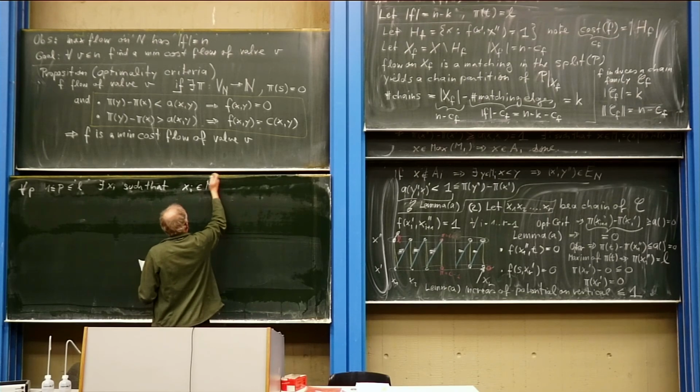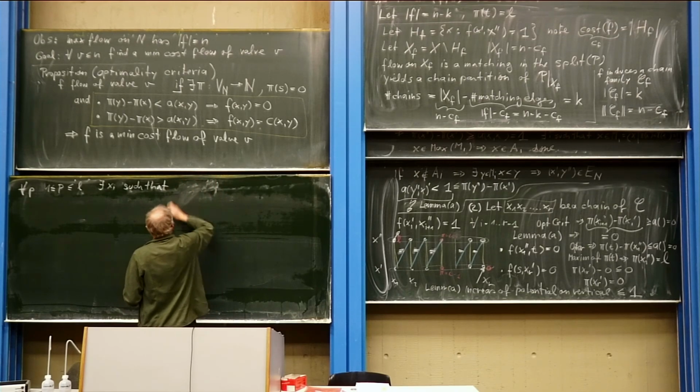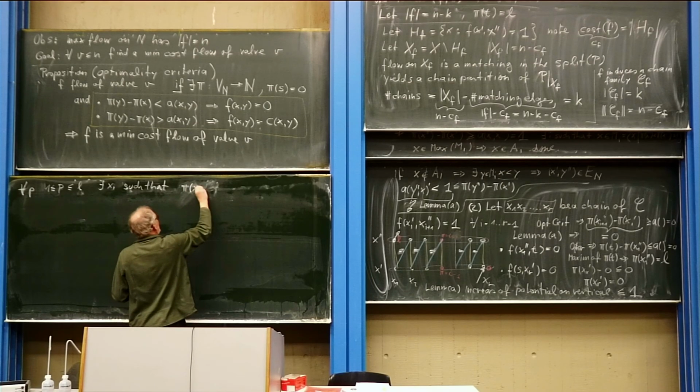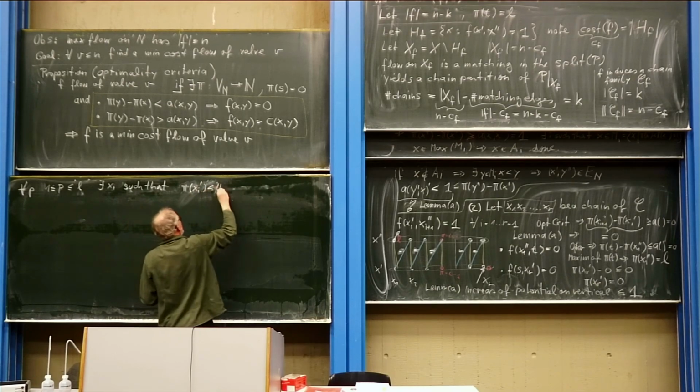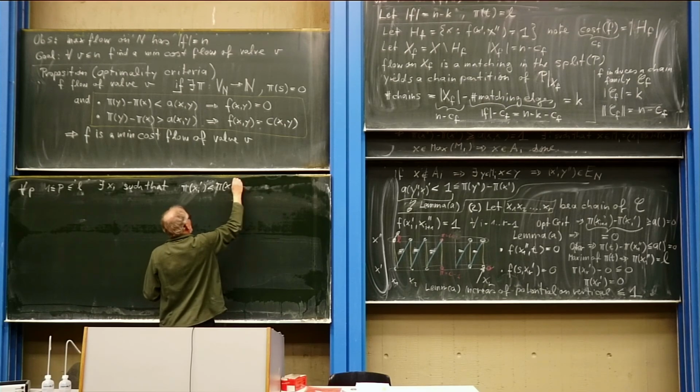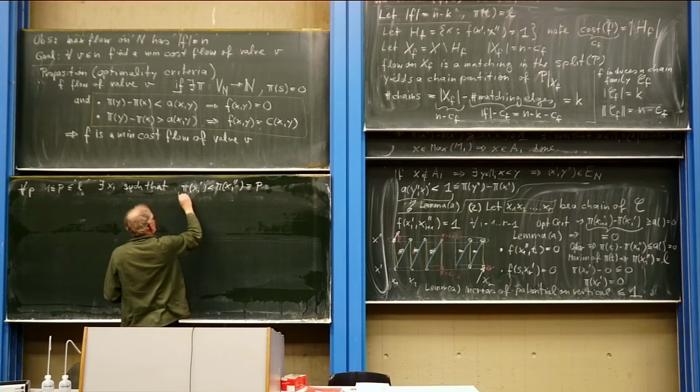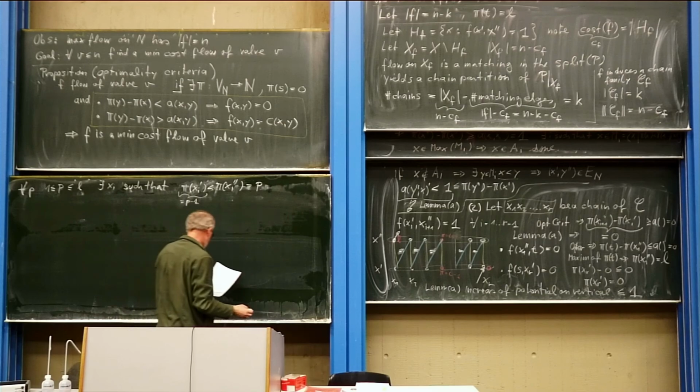Such that, let's do it explicitly, that pi of xi prime is less than pi of xi double prime, which is equal to p. And this is actually equal to p minus 1, but this is not so relevant.